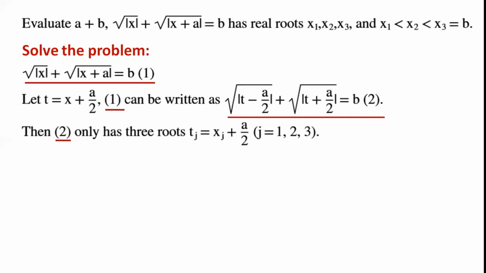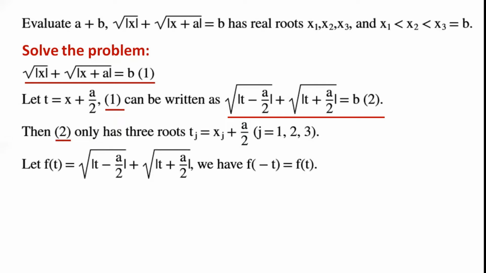Then equation 2 only has 3 roots. Tj equals xj plus a over 2, j equals 1, 2, 3.